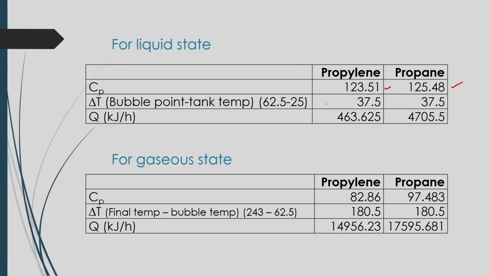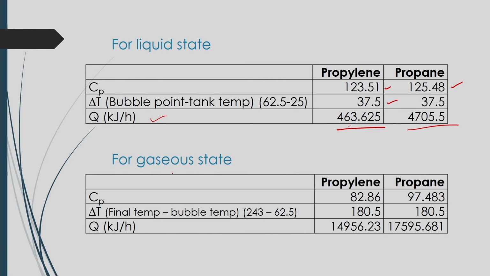So, delta T is the bubble point temperature minus the tank temperature of this propylene propane mixture, 62.5 minus 25, which comes to 37.5. Then the heat required to raise the liquid from 25 degrees Celsius to the bubble point temperature of 62.5 degrees Celsius is, for propylene, 463.625 kilojoule, and for propane, 4705.5 kilojoule.